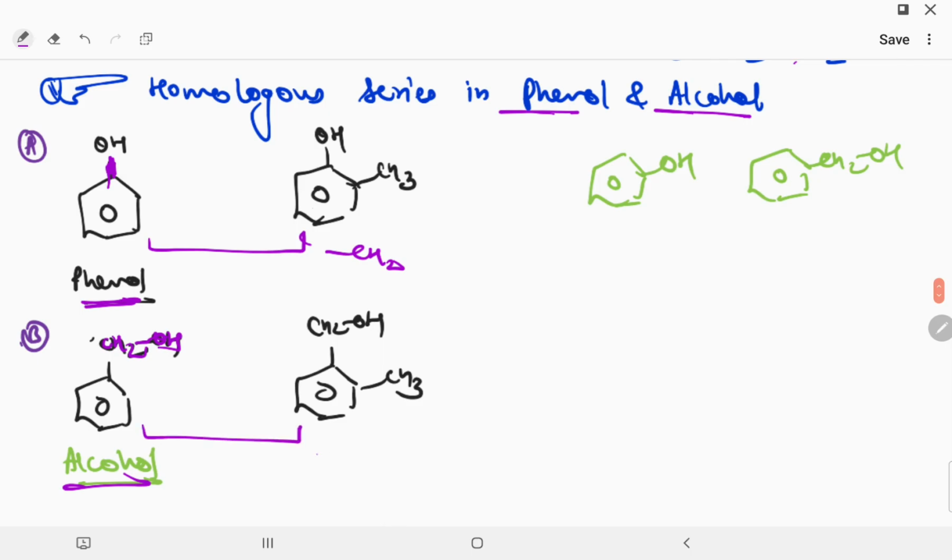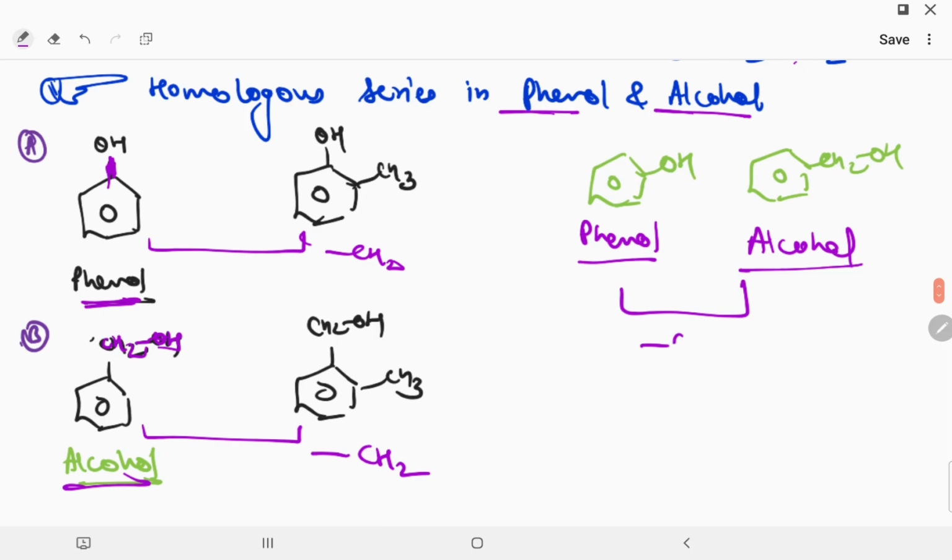In this you also have a difference of CH2, they are also called homologous. But in phenol and alcohol, the difference is CH2, but they are not homologous. Okay, there is a difference of CH2 but not homologous. Okay, this is an exception case.